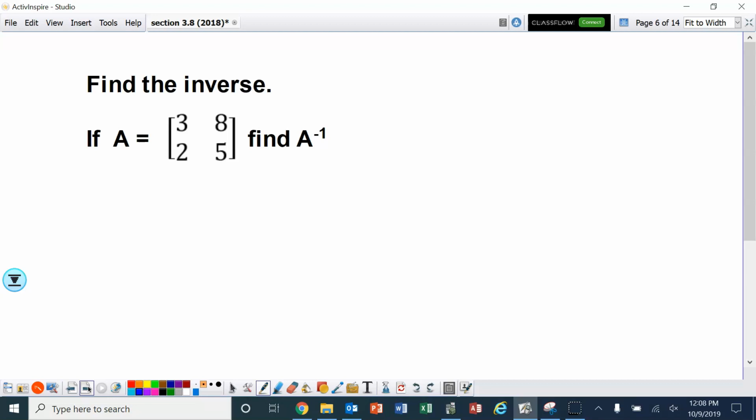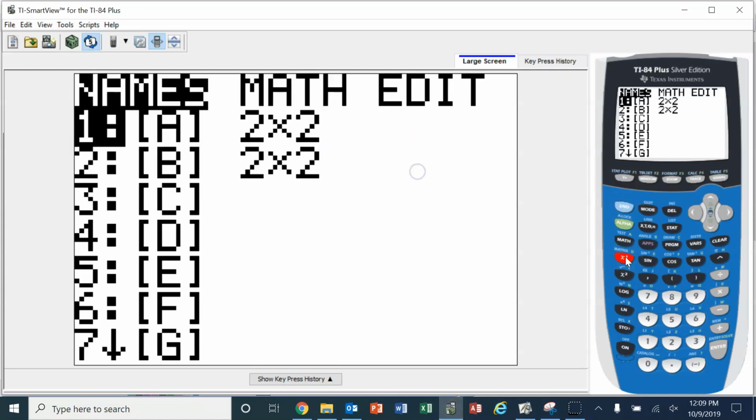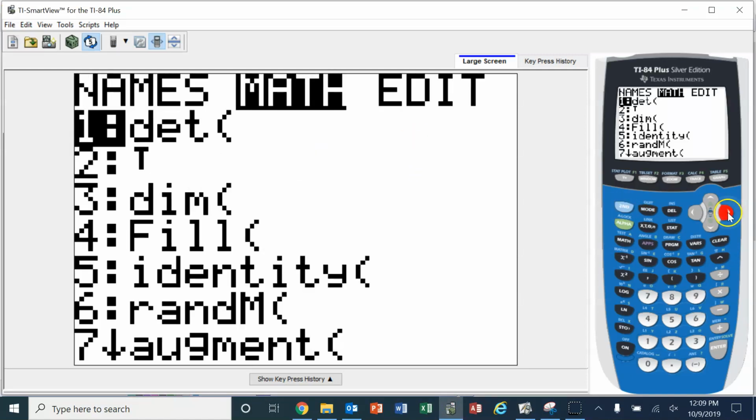We want to find the inverse of 3, 8, 2, 5. So here we go. We're going to go back to our calculator. We're going to go back to the matrix. We're going to go to edit.